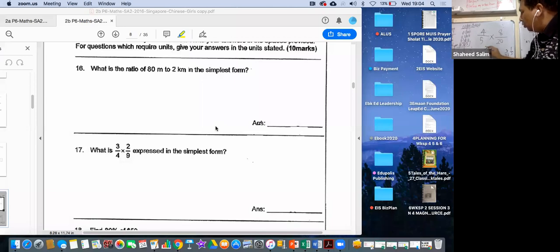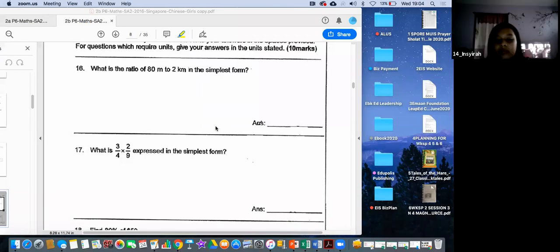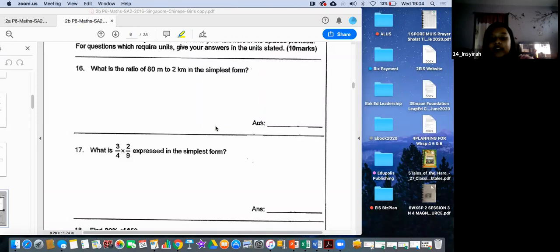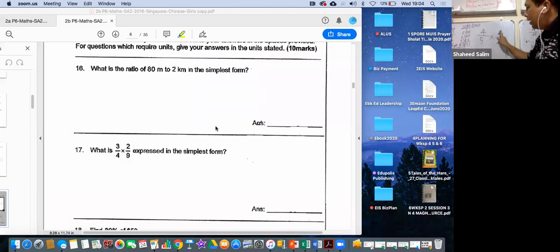So you get 32 over 100. Yes, you can. You want to do this method, can, but it's very long. Then you must divide. You cannot cancel 5 times 20. Top and top are friends. Bottom and bottom are friends. Do not kill one another. Top and bottom you can cancel.